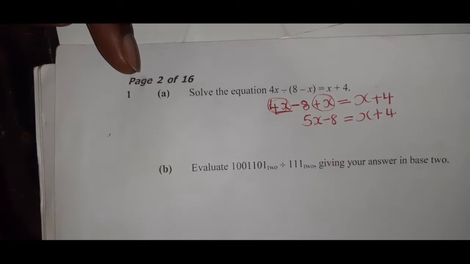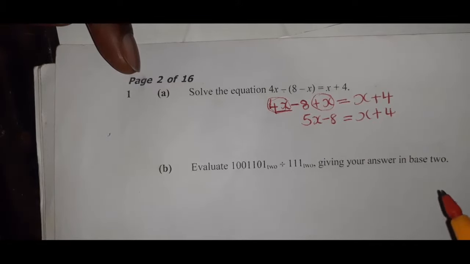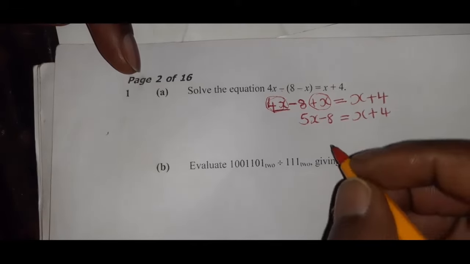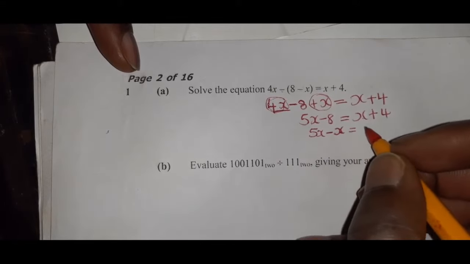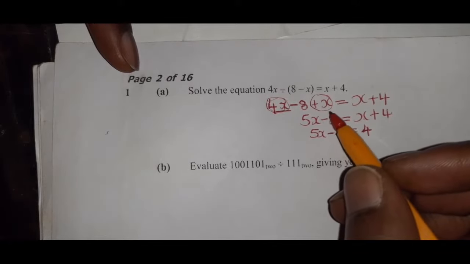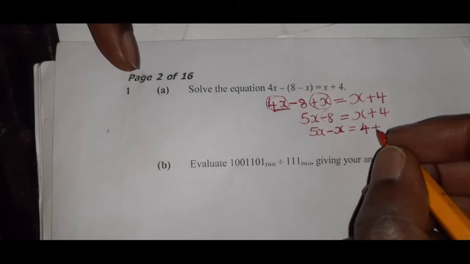Are we there? Then at this point, we can put the like terms together. 5x, this x comes this side, and the additive inverse is a minus. This is equal to 4. Then when this 8 comes the other side, it will be plus 8.